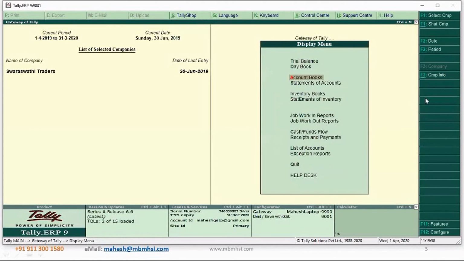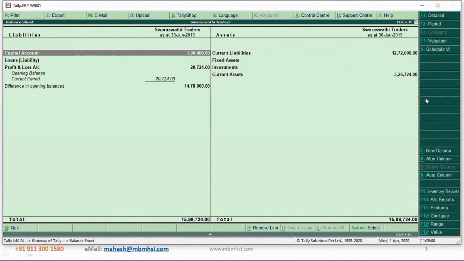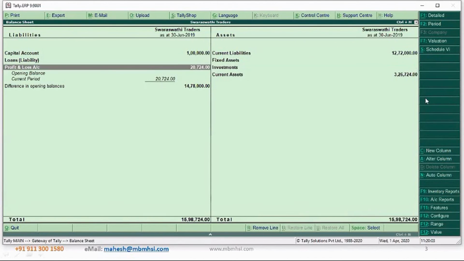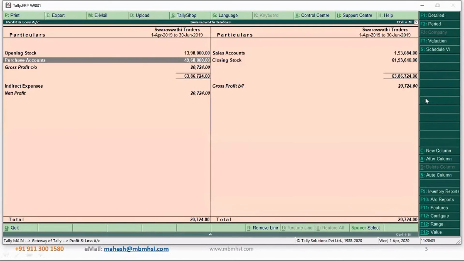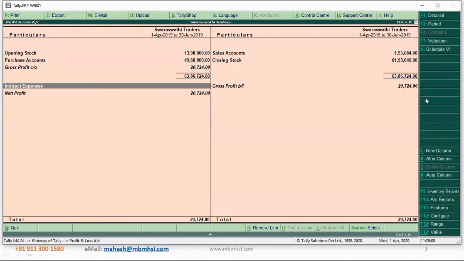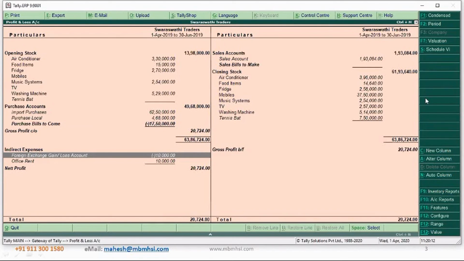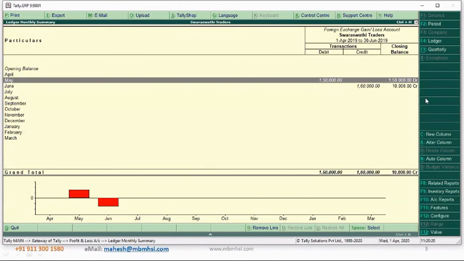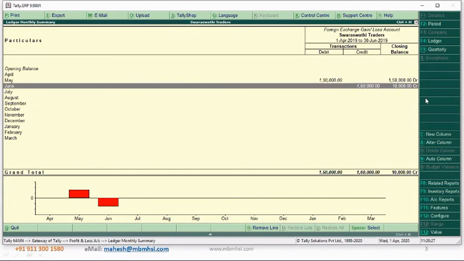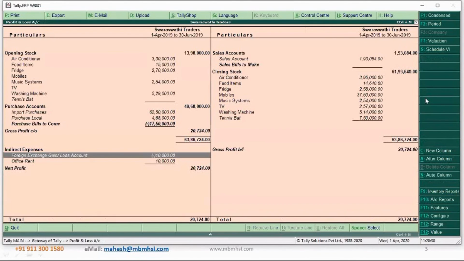In your balance sheet, this has gone out. In your P&L, the gain or loss on foreign exchange has become minus 10,000, which means you are at a gain now, because you had one loss of 1,50,000 and one gain of 1,60,000. It has netted off and you have a 10,000 gain, so it is showing minus.